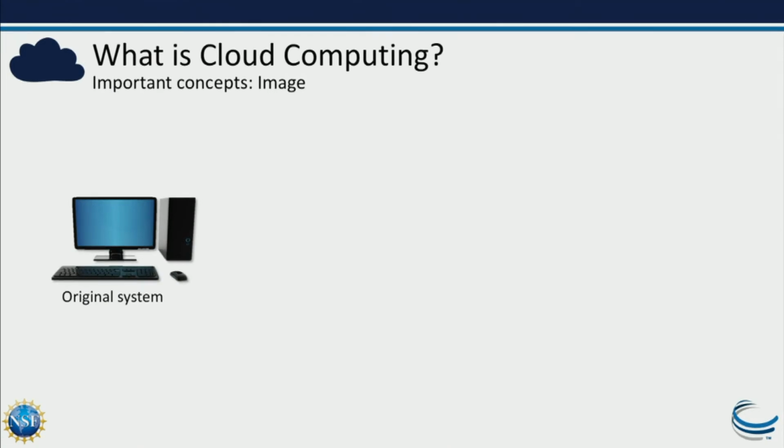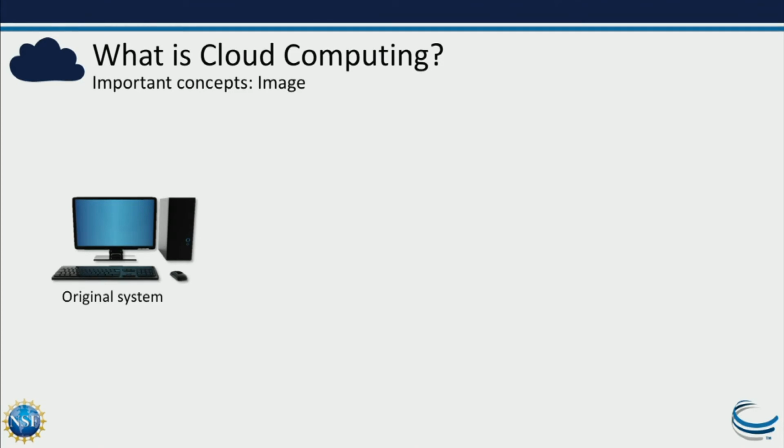What is cloud computing? I know many are unfamiliar with this, so let me talk about this first by defining a few terms. The first term that you need to know is something called an image. To define that word image in the context of cloud computing, let me use an analogy. I think we've all been in the situation where you've bought a computer and now you want to take everything from your old computer onto your new computer.